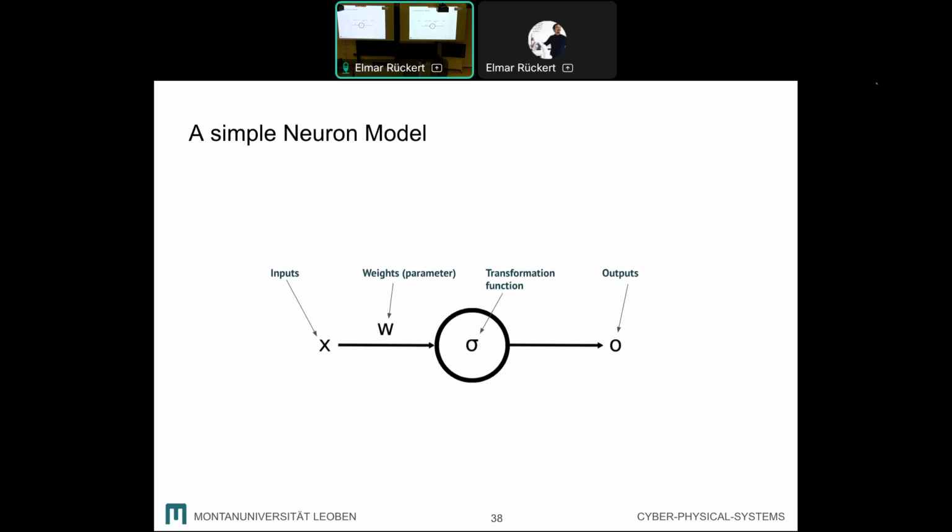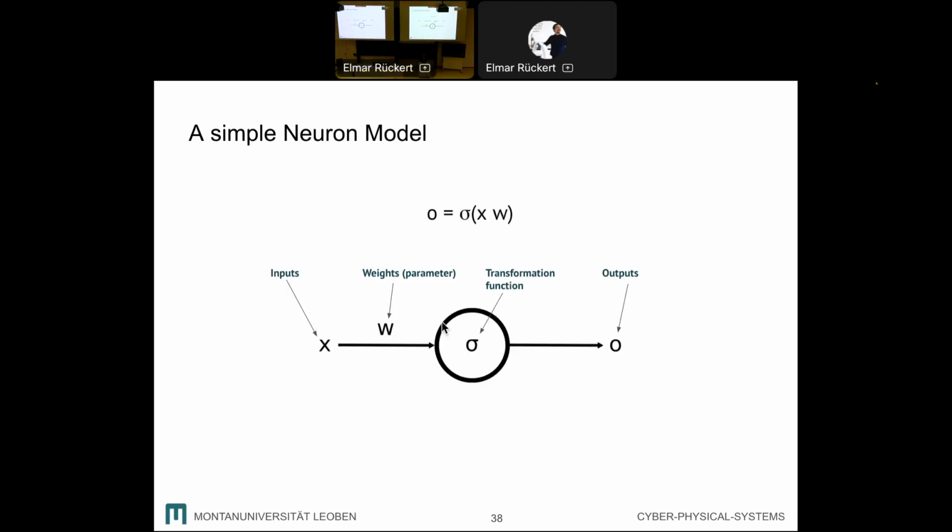We use throughout this course typically some notation where we say inputs are denoted by this X label. Weights are our free parameters, denoted by W. And there are some activation or transformation function. Here it's called sigma. And we have some outputs of this model.